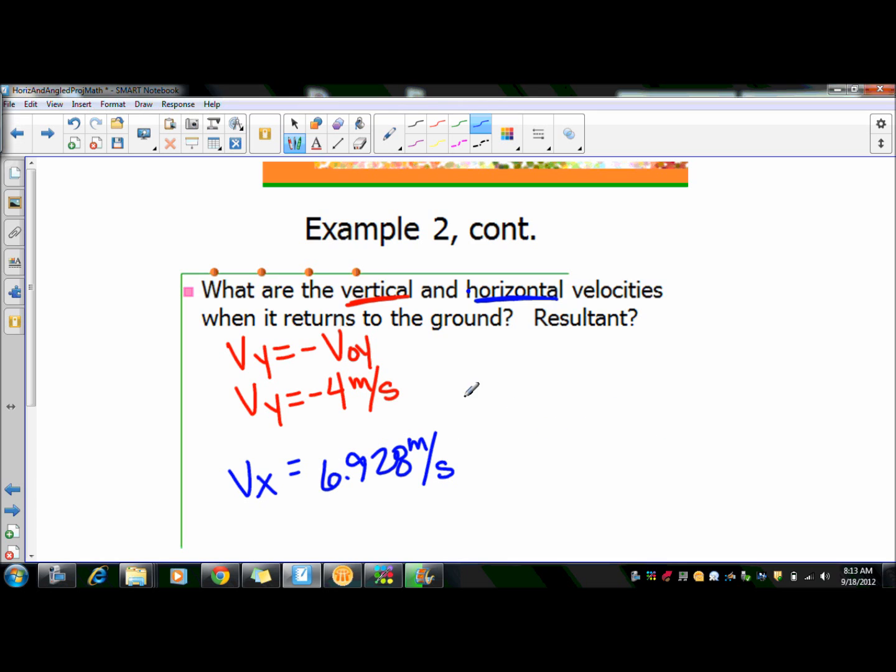So Vy is negative 4, Vx is 6.928. If we were to draw this on a triangle, so here we go. Again, drawing them in the same orientation. The horizontal is going this way at 6.928 meters per second. The vertical is going down this way at 4 meters per second. You should notice these are exactly the same two sides. So to prove it to you, I'll show you again.